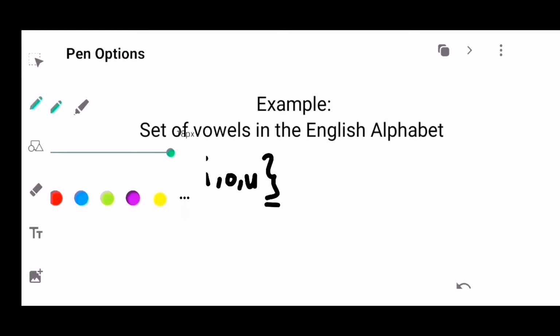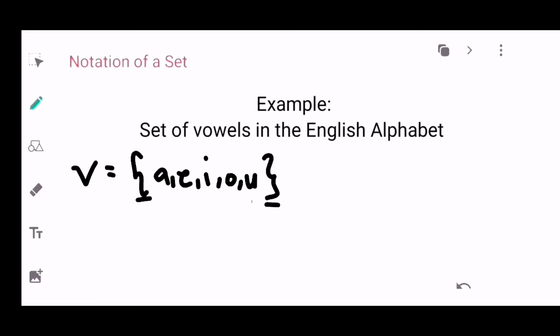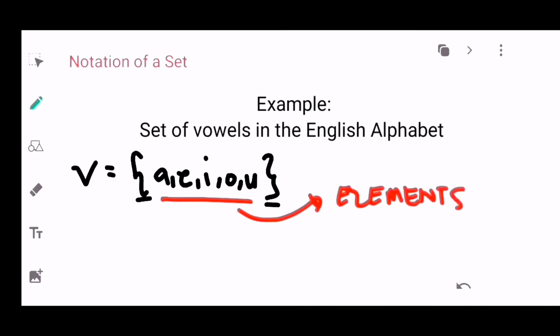These members are also known as the elements. In symbols, we use this kind of symbol to denote that an object is an element, while this one is used if it is not an element.